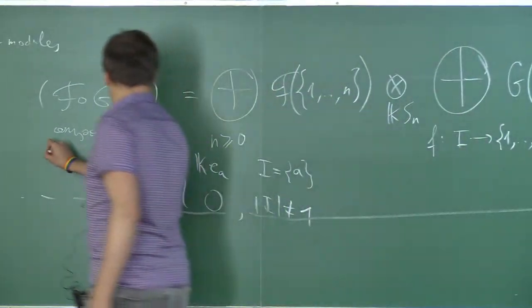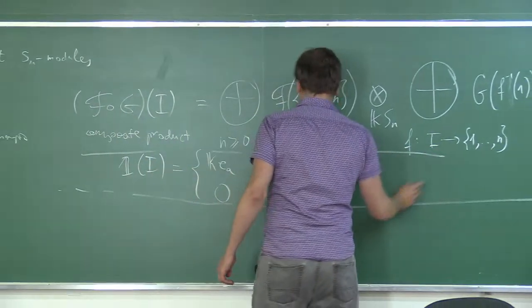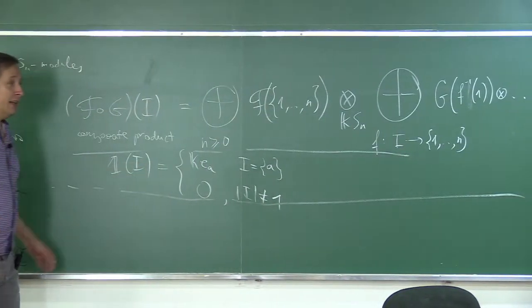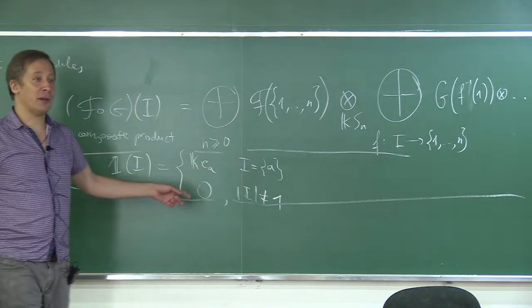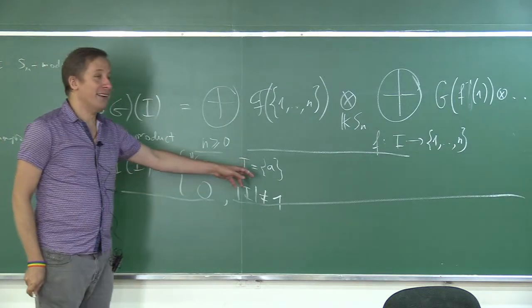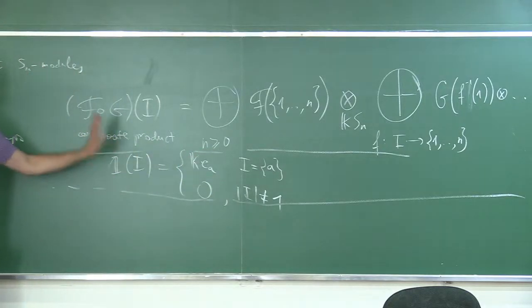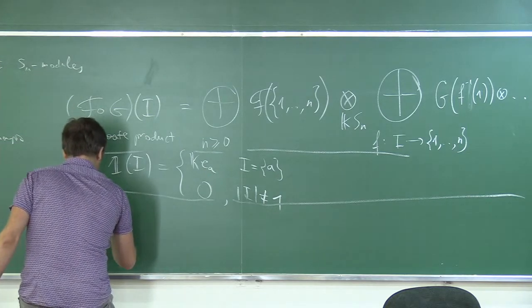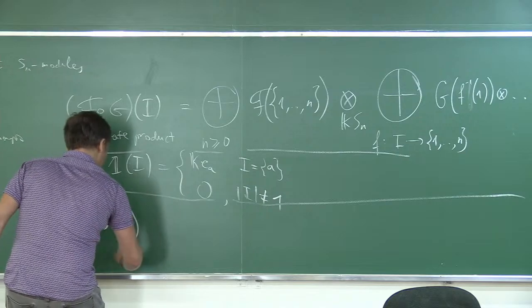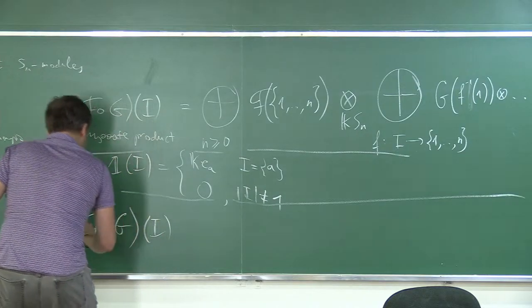So now, actually, this is good. We are going to keep this formula for the unit. It will actually work in both categories because for one element sets there are no symmetries. So this is a lovely formula that belongs to both worlds. But let me now write the monoidal product.